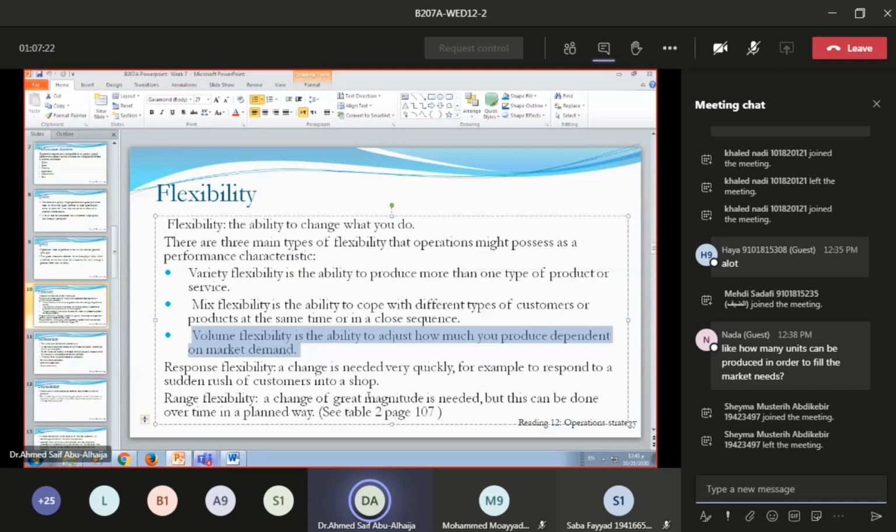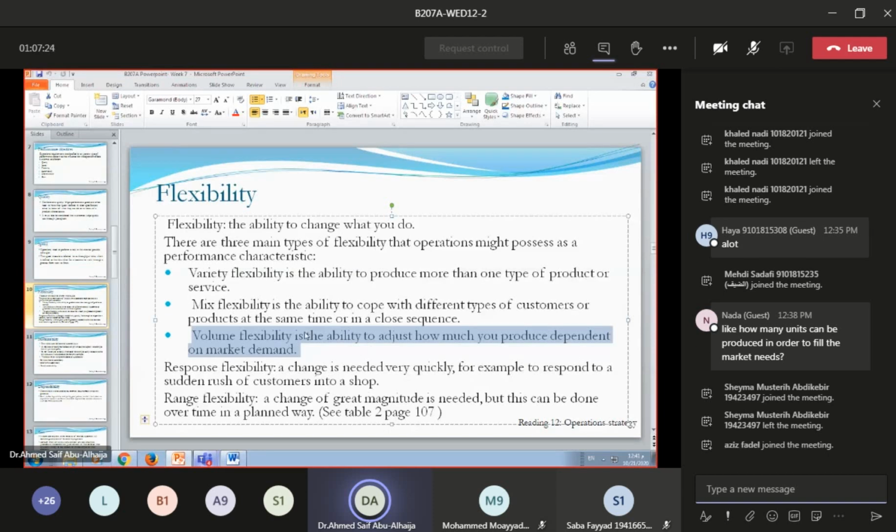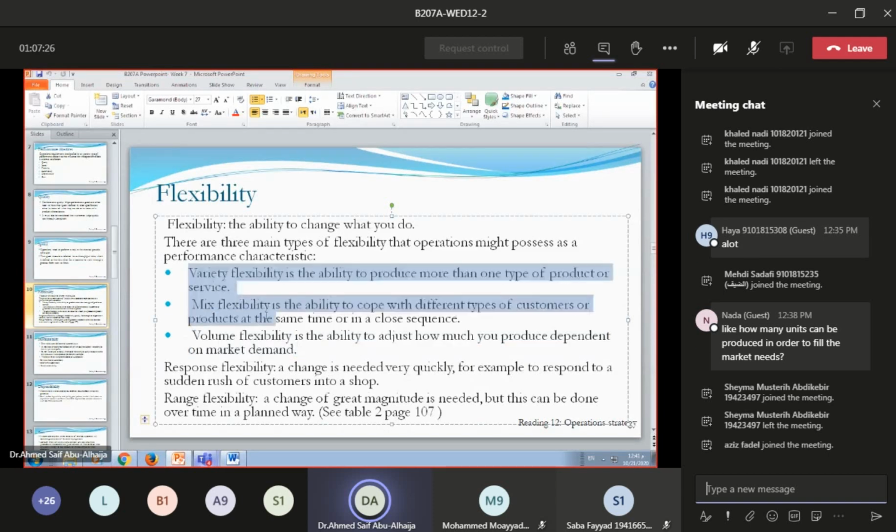These are the three important types, and this is very important, guys. If you need to ask me, I prepare a question about this, a question about that, and I even think about the response. Very easy. Response flexibility means change is needed very quickly, for example, to respond to a sudden rush of customers into a shop.